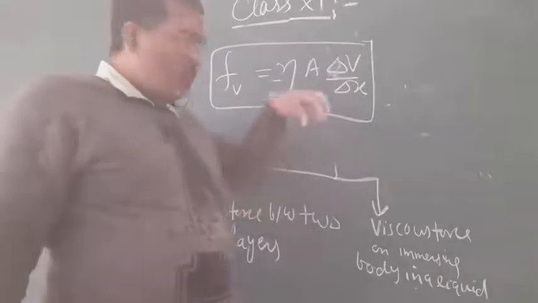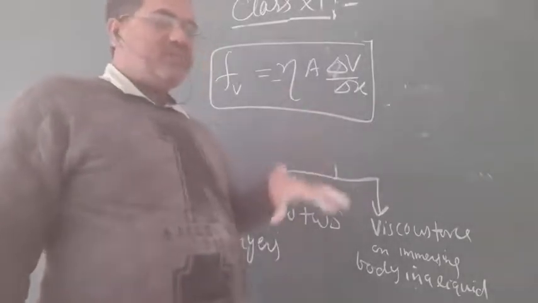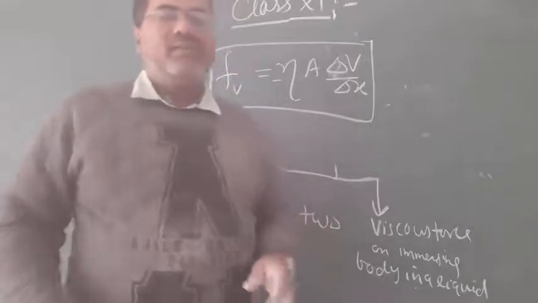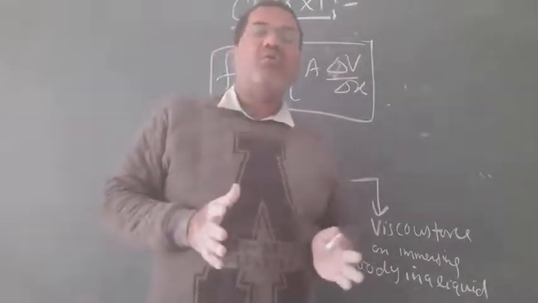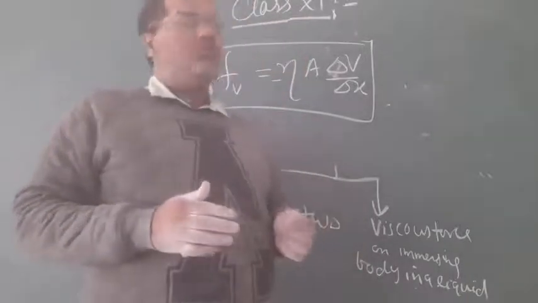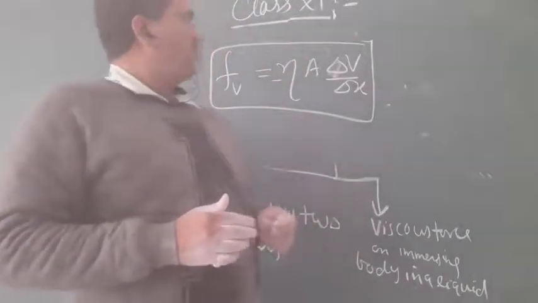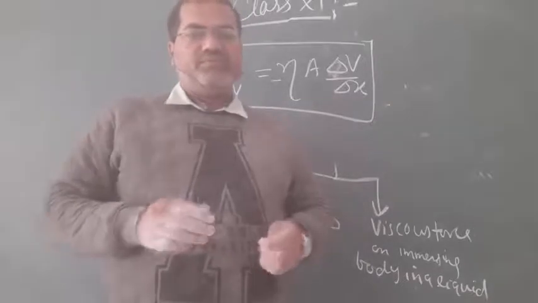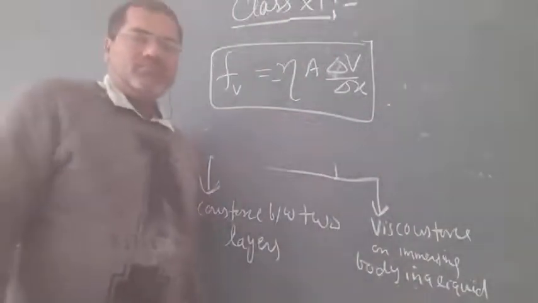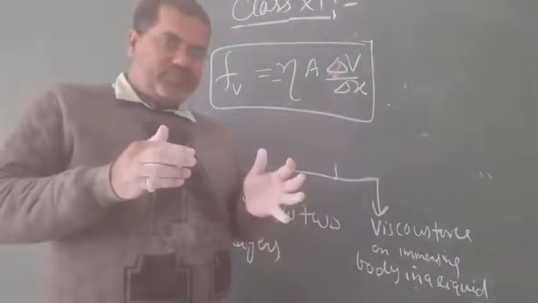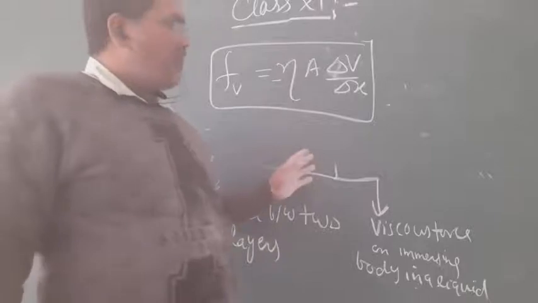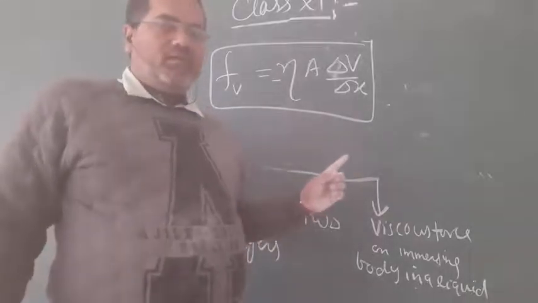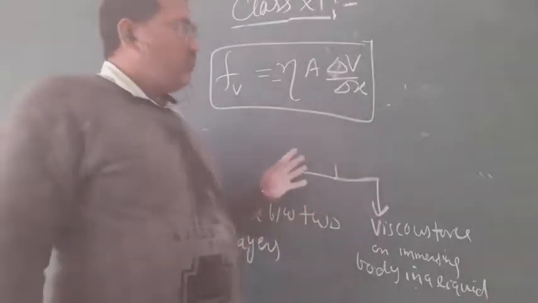And when a body is immersed in the liquid, the liquid on the sides in contact with the body also acts as a friction force. The liquid around the body creates friction force on the body.